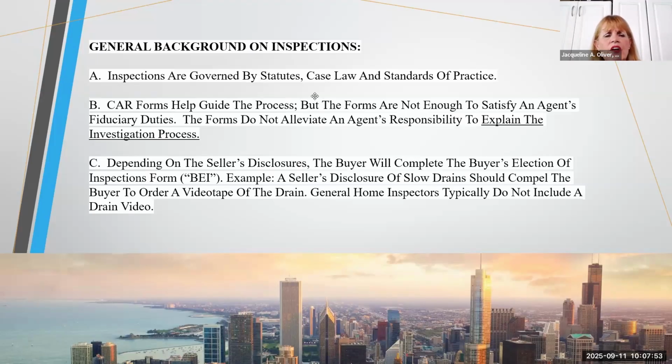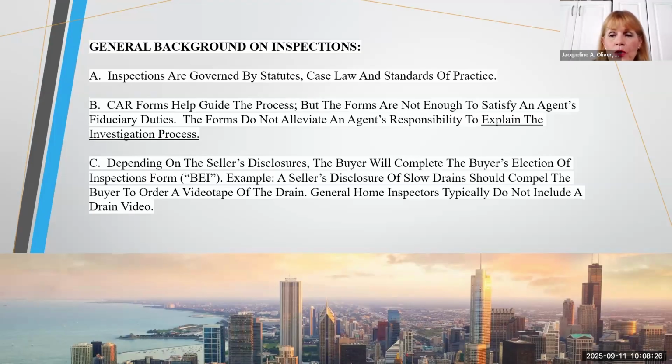Okay, next letter C, depending on what the seller discloses to you, the buyer will complete the buyer's election of inspections, the BEI. Example is the seller disclosure of slow drains should compel the buyer to order a videotape of the drain, to put a camera down the drain to make sure that there's no roots clogging the drain, and that's why it's slow.